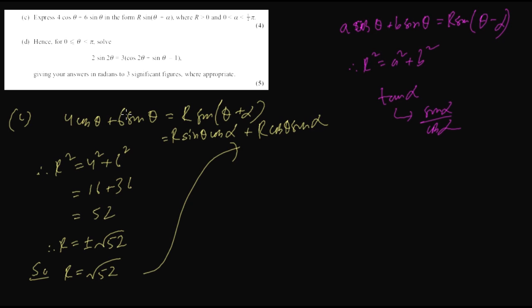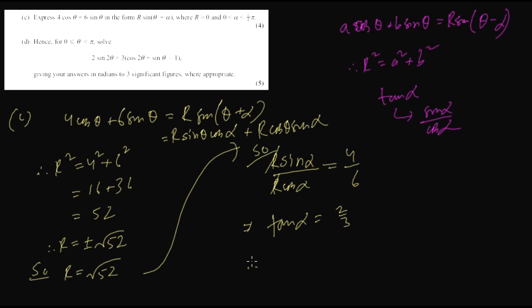So here cos theta has r sine alpha equals to 4, and this side sin theta has r cos alpha, and this side sin theta is 6. So the r and the r cancels. Sin theta by cos theta is tan alpha, and 4 by 6 is going to be 2 by 3.